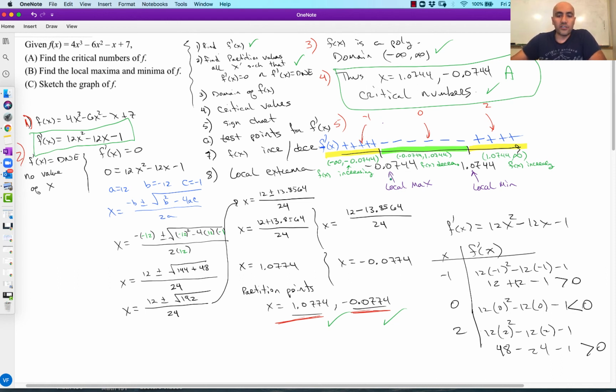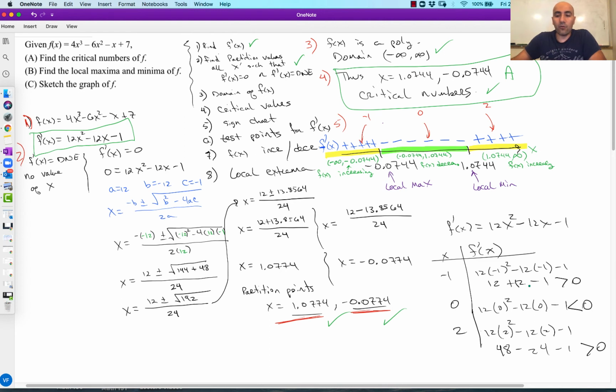Okay, local extrema. So now we keep going. We use our partition values, these two right here, to separate our number line x. And that creates 3 zones. We have to take test points, nice convenient values from each zone. So maybe -1, 0, +2, just arbitrarily chosen. And then we test them. We evaluate our derivative function at each of those points. And our goal is just to establish whether the derivative is going to be positive or negative in that zone.